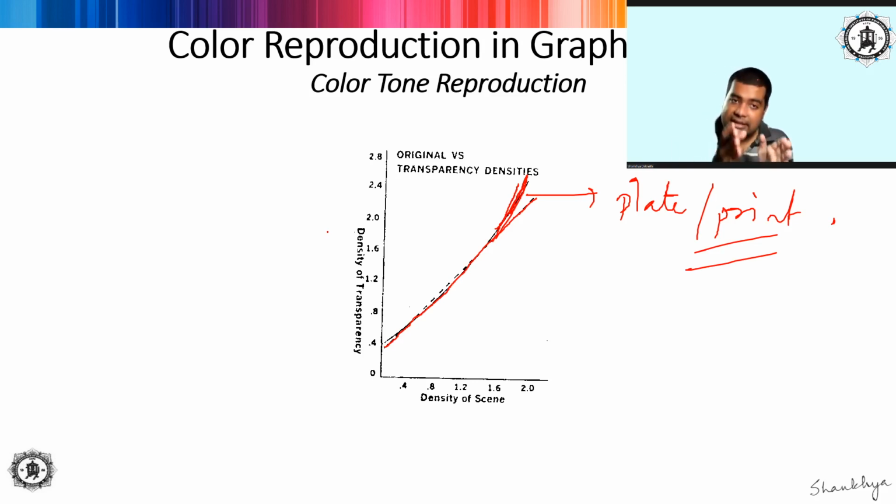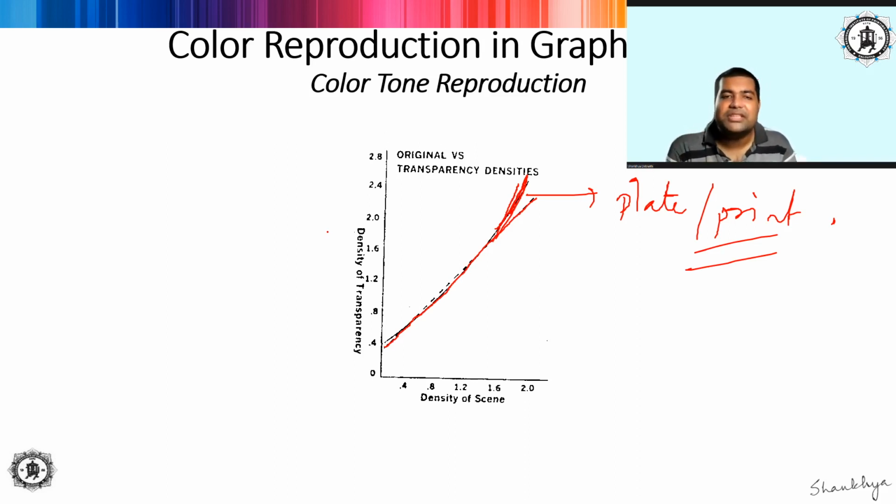But in this particular situation, when you are going to print your image using this particular set of transparencies, because the density range in the shadow areas has been exaggerated, what will happen? A greater amount of ink deposition will happen in the shadow areas. Overall detail will be lost in those areas, and it will appear very flat in nature.